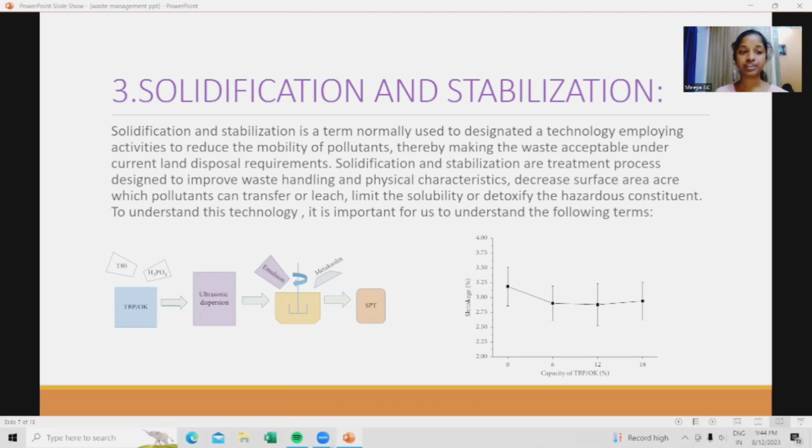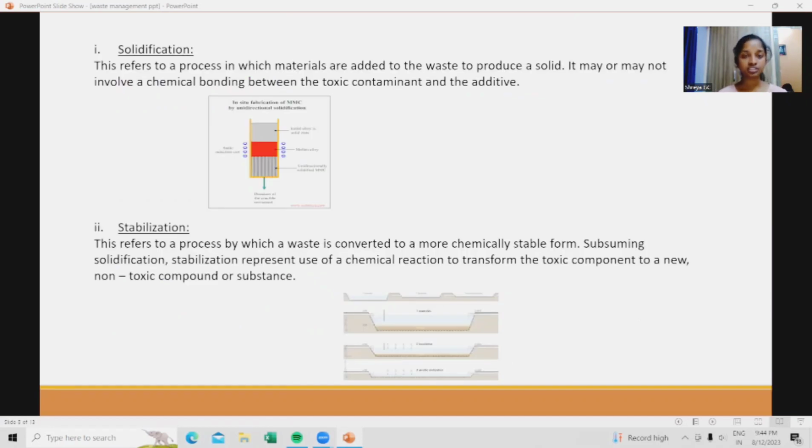In these diagrams, we can see solidification and stabilization. In that, the first one is solidification. This refers to a process in which materials are added to waste to produce a solid. It may or may not involve a chemical bonding between the toxic contaminant and additive.